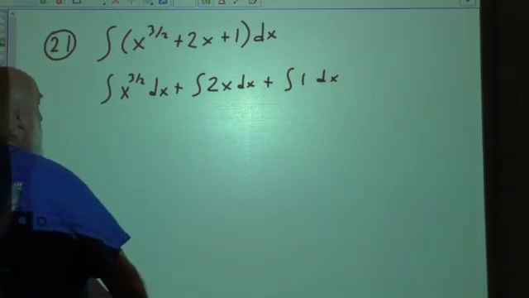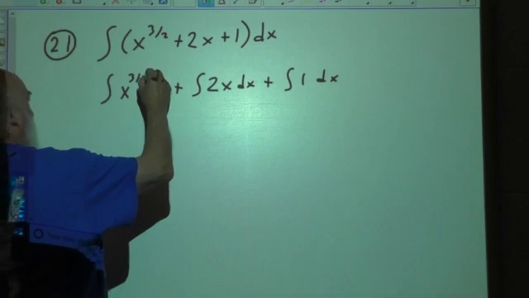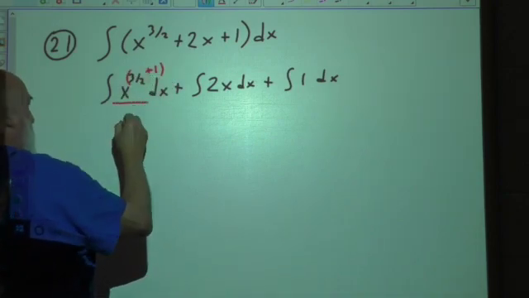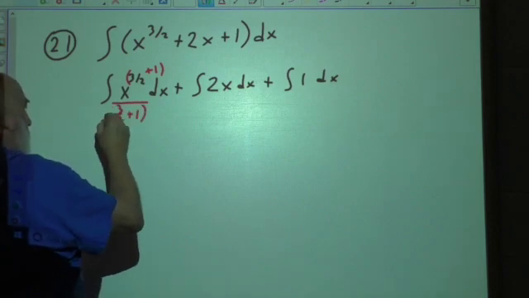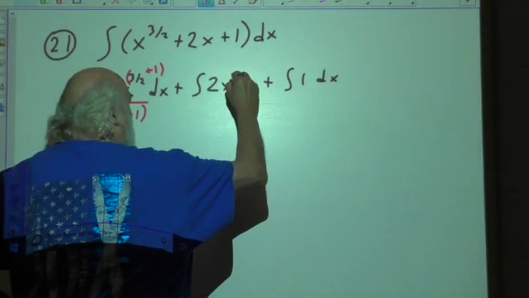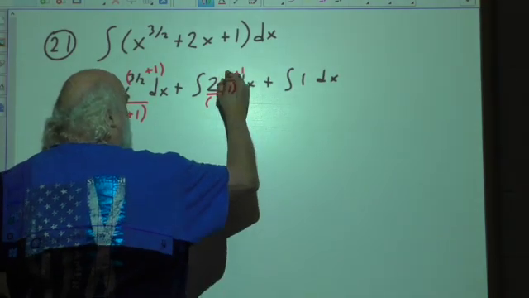Okay, so let's go through the changes here. We know that this is going to be 1 larger. And so we're going to divide by that 3 halves plus 1 down here. This is 1 plus 1 here. That means we're going to divide by 1 plus 1 here.